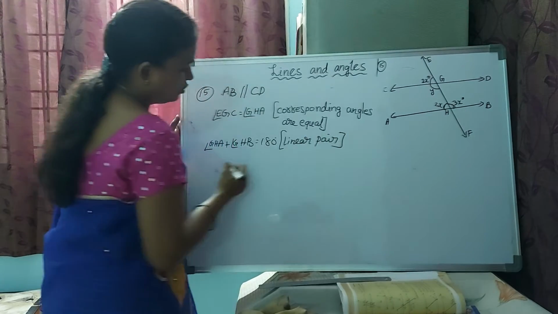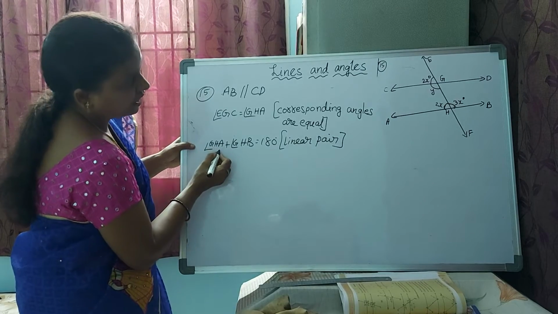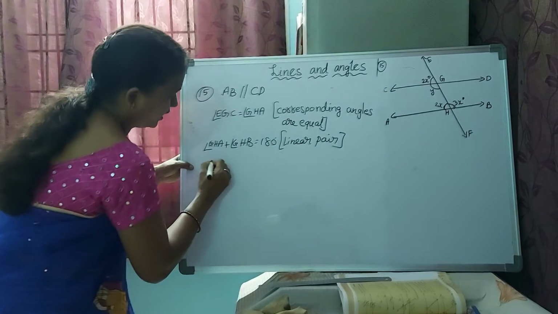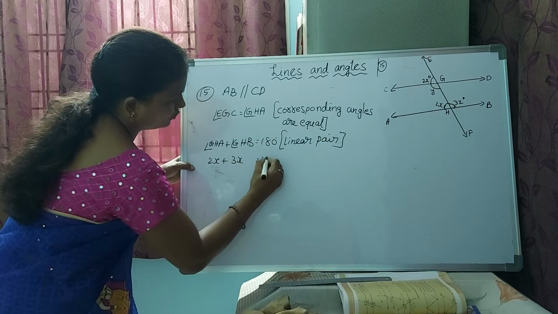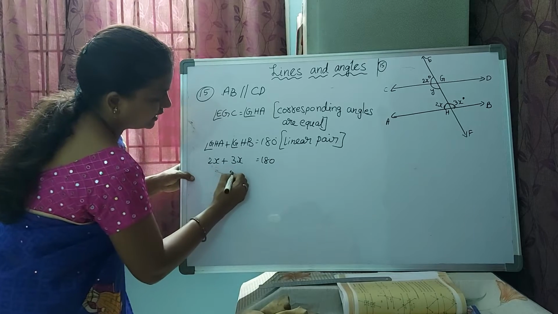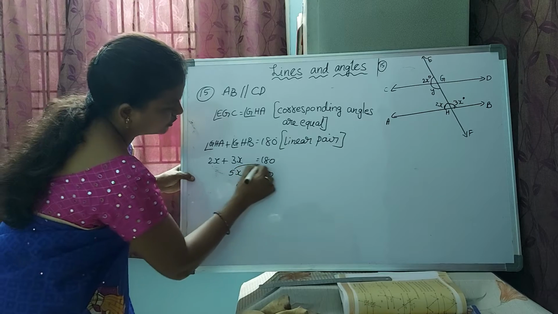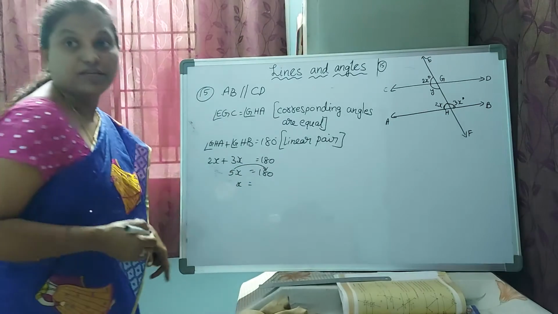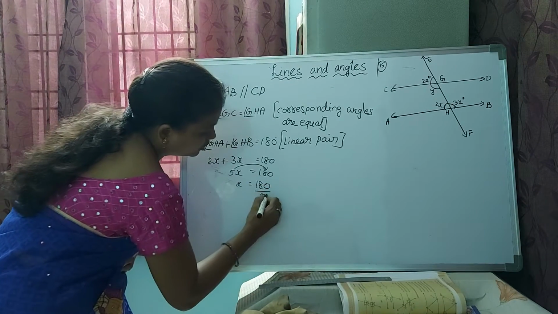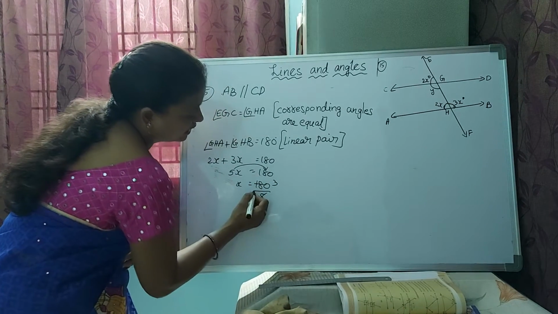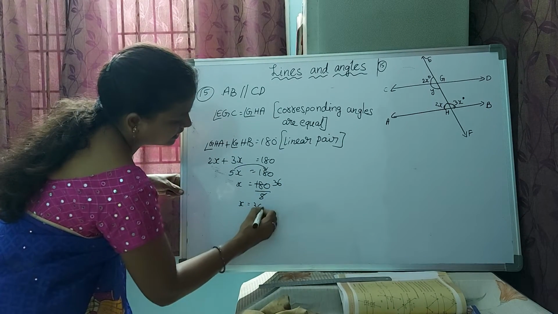Angle GHA is 2x and GHB is 3x, so 2x plus 3x, 5x, is equal to 180. Transpose: it is multiplying, so it becomes division. X is equal to 180 by 5, which is 36 degrees.